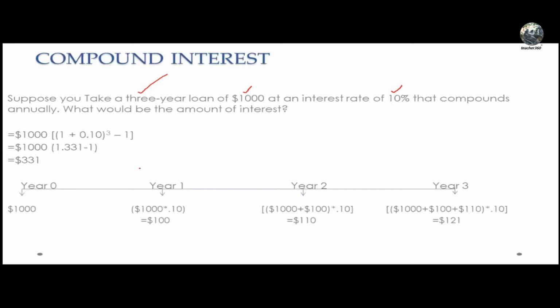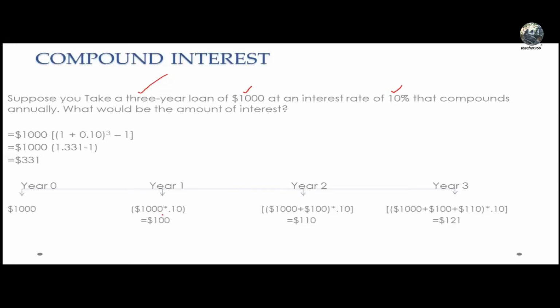You can understand it better if you see this timeline. At year 0, you deposited or you applied for a loan of $1,000. After 1 year, your compound interest on this loan will be $100 at the rate of 10%.